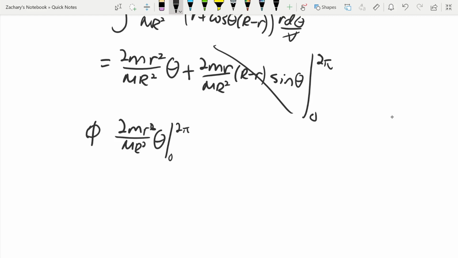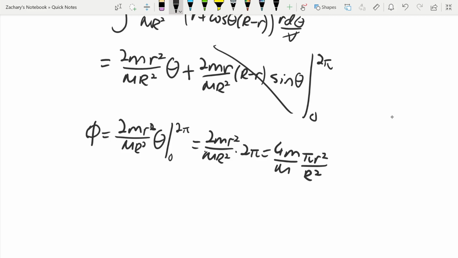This is the answer we're looking for, phi. It is just equal to 2m r squared over M R squared times 2 pi, which is 4 pi m over M times small r squared over big R squared.